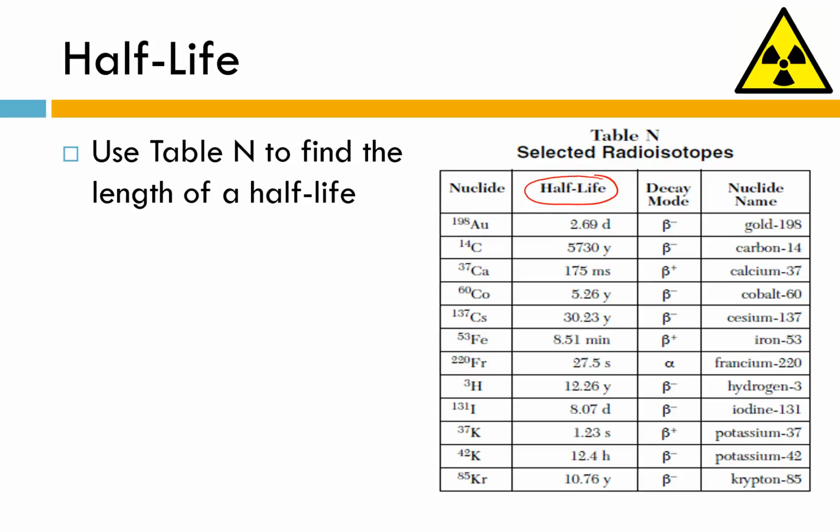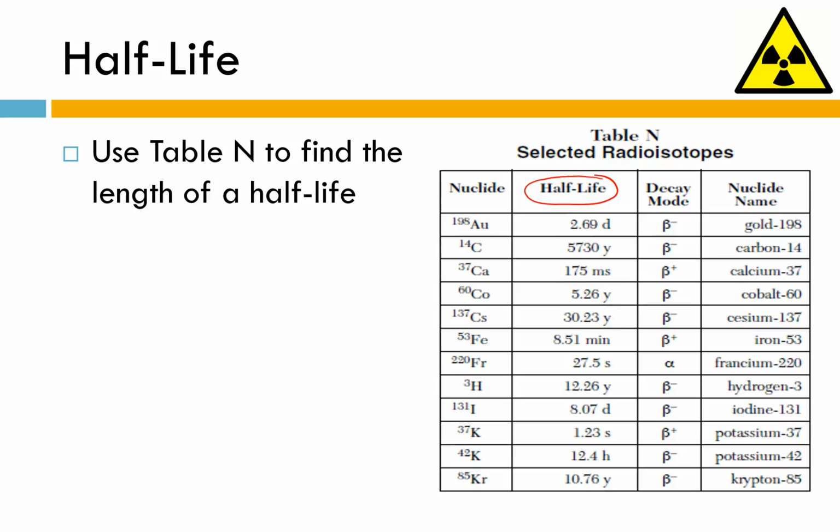Half-life, again, is the amount of time it takes for 1/2 of the atoms in a radioactive sample to decay. So half-life is going to be measured in time. If you look, the units are different. Sometimes they're as short as milliseconds. Sometimes units are as long as years. So be careful when you're doing any problems with half-life. Really make sure that in addition to finding the correct radioisotope, which can be tricky, that you are paying attention to the unit.